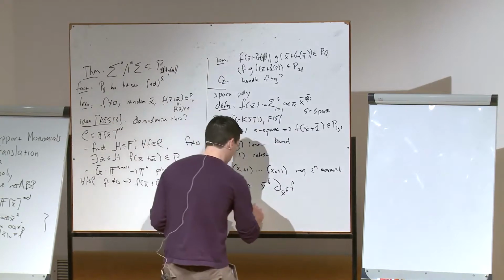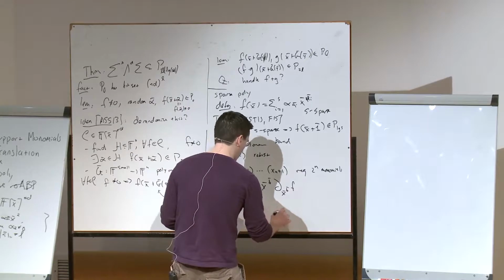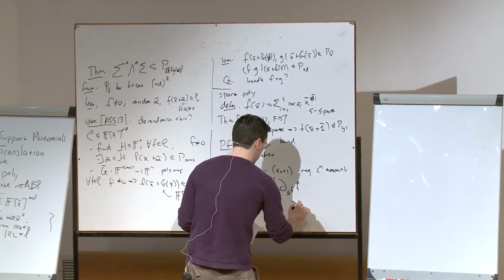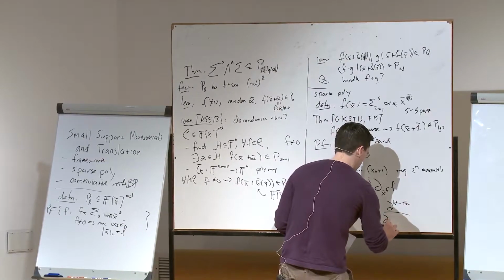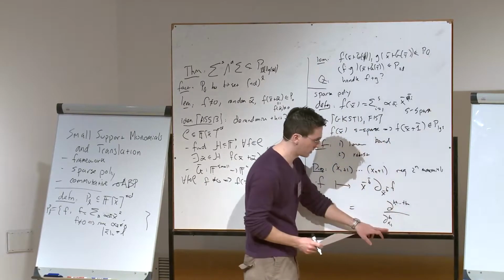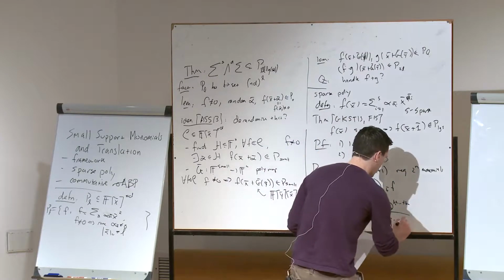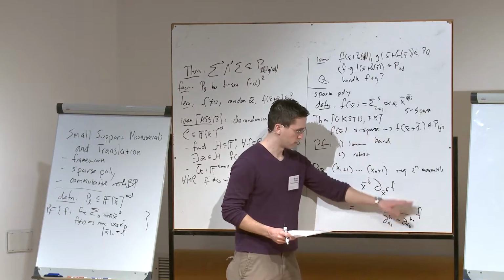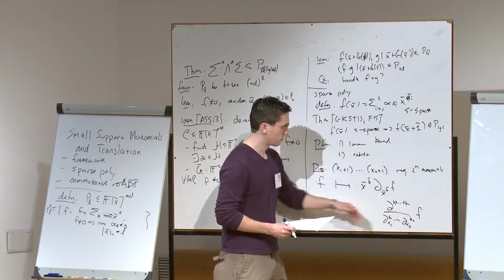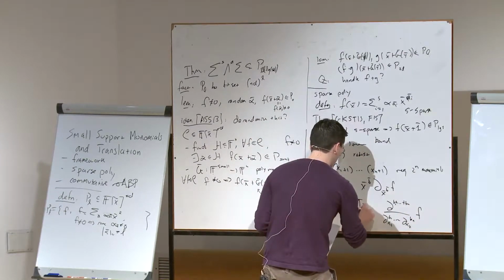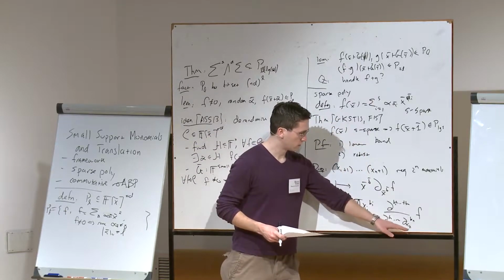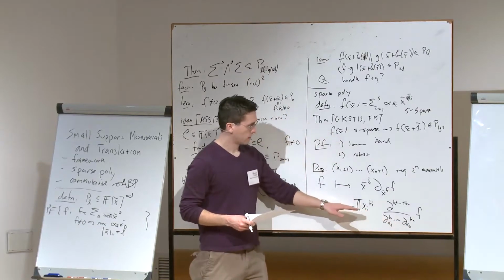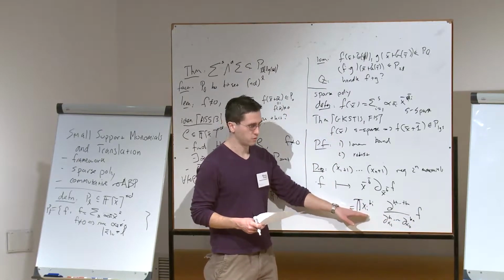Just to remind you what my funky notation means, you differentiate x1 b1 times, and you differentiate xn bn times. That's your derivative, and you have this order derivative on top. And then you multiply by the monomial x_i to the b_i. So there's this correlation between the derivative you're taking and the monomial you're multiplying by.